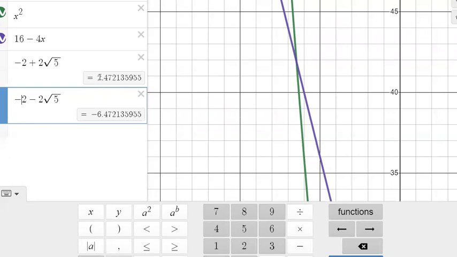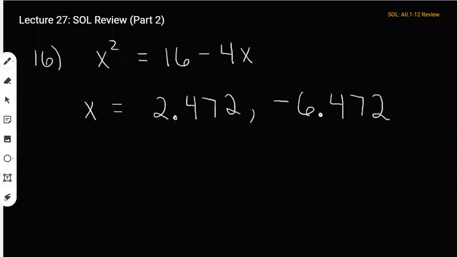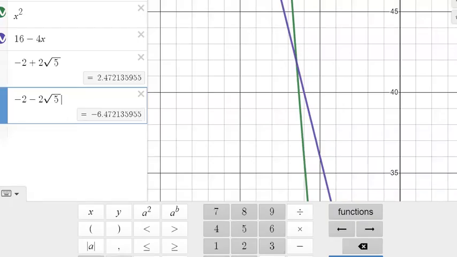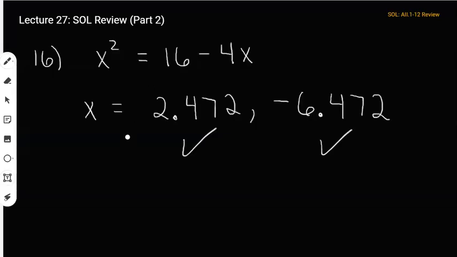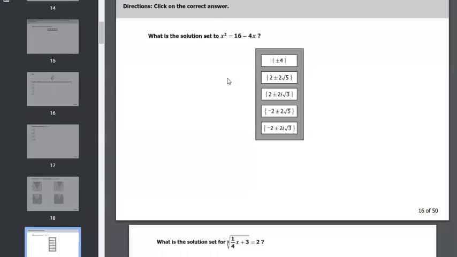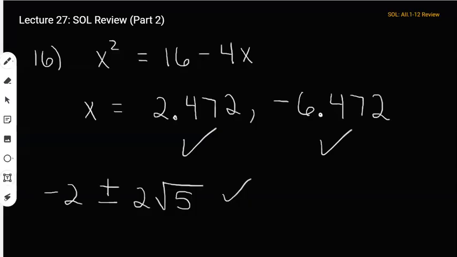So now I get the positive 2.472, that's going to be this, and I'm going to get the negative 6.472. So it's going to be negative 2 plus or minus 2 square root of 5. And that was this fourth choice right here. Let's call it D.